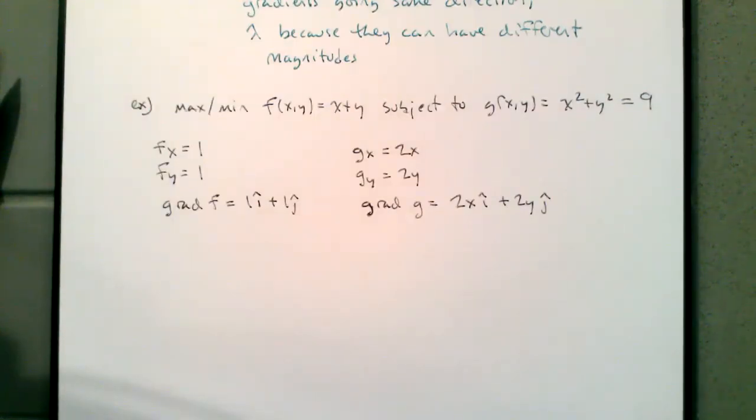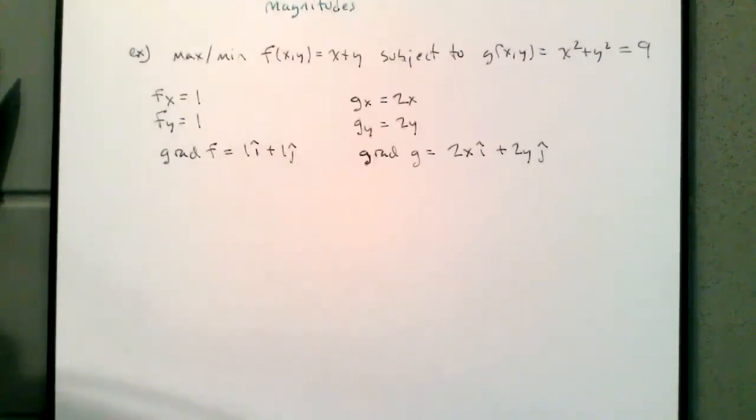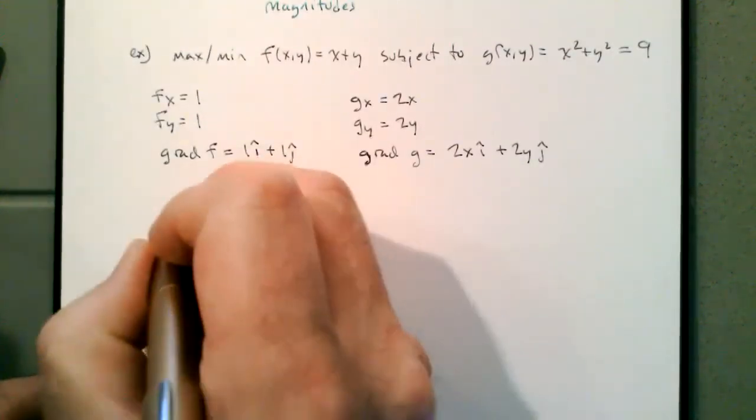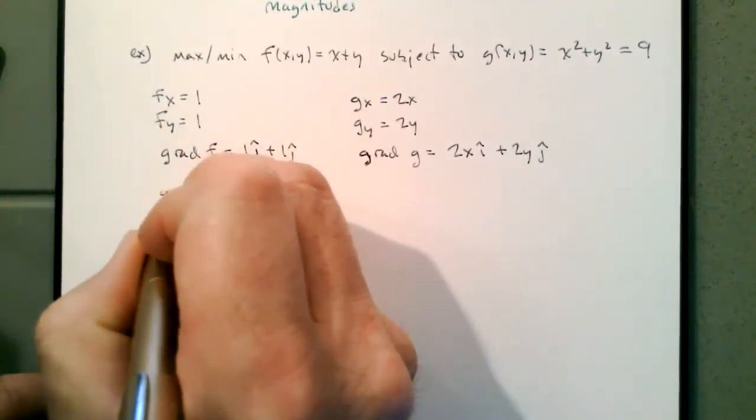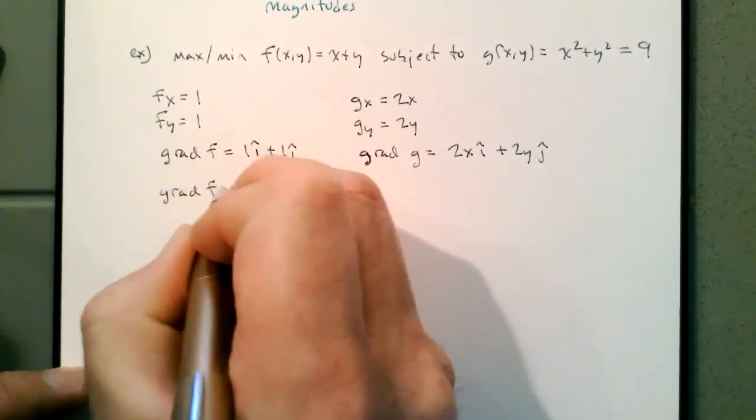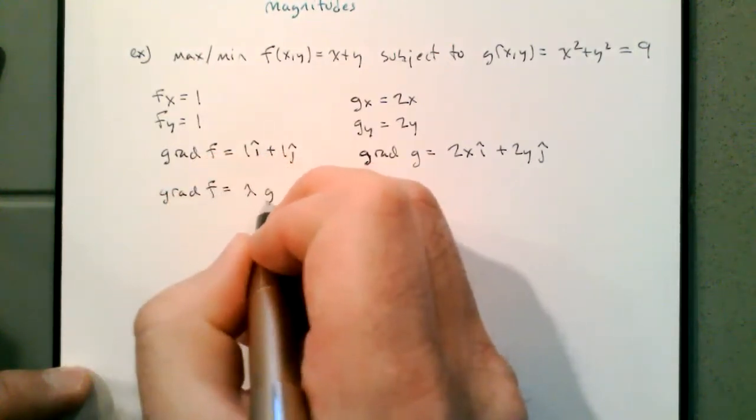Now I want the gradient of f to be a constant multiple of the gradient of g. So I'm going to set the equation gradient f equal to lambda times the gradient of g.